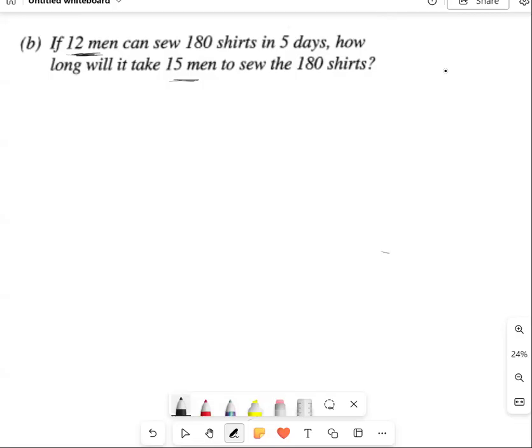However, what we said about the relationship is that there's an inverse relationship. Let's assume it was a direct relationship. In other words, 12 over 15, if there was a direct relationship, we would have put 180 over x.